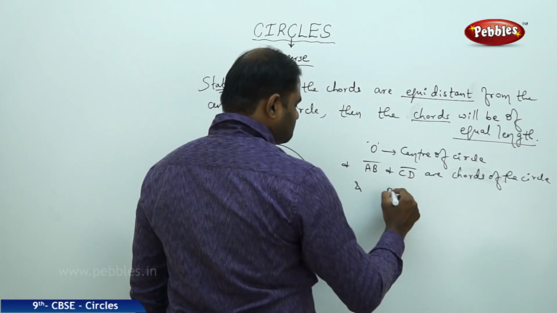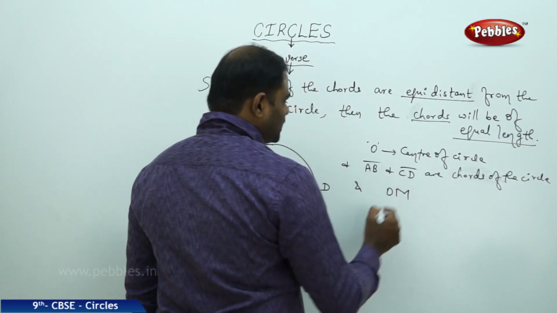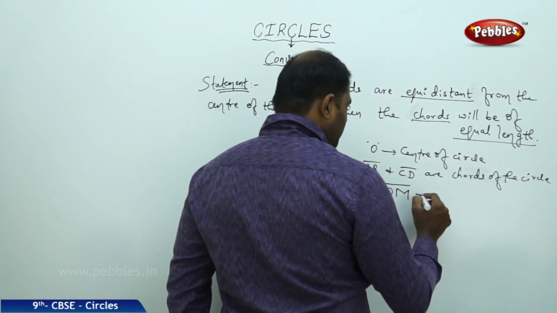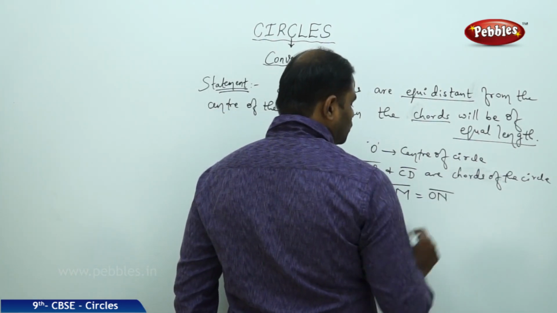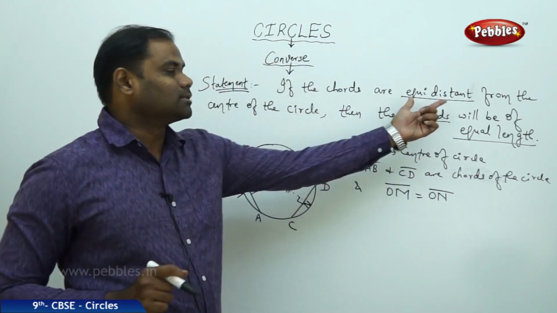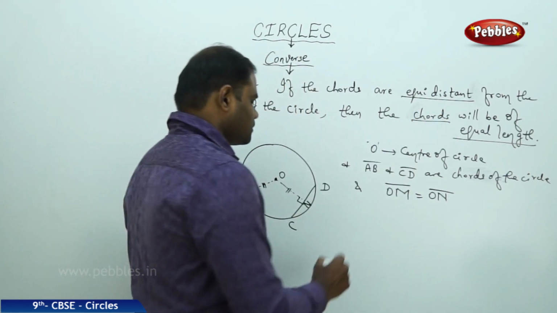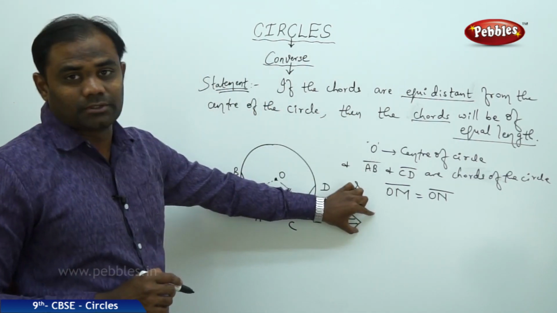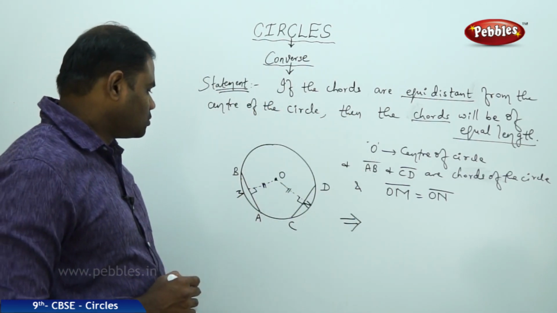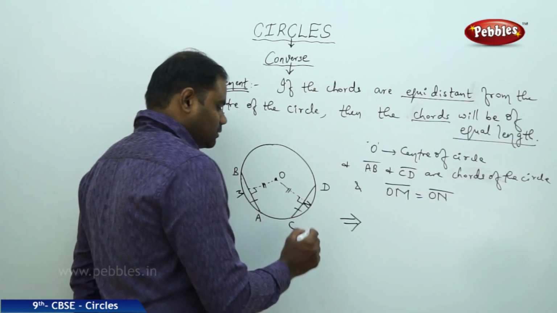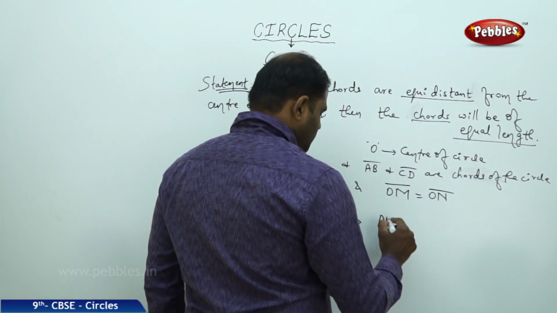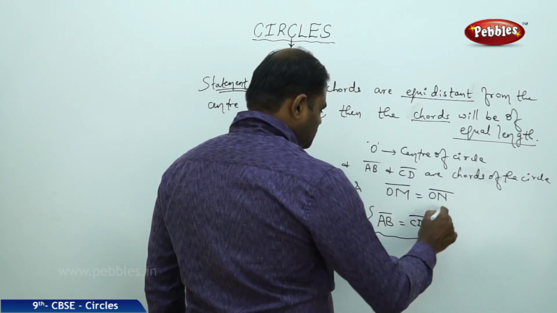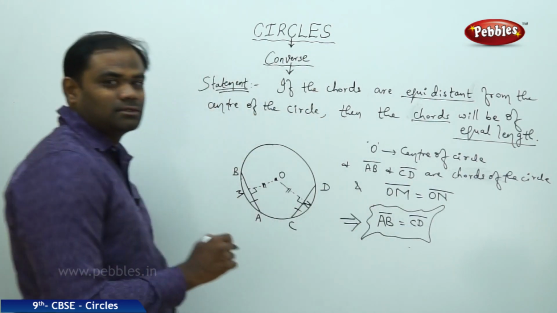And it is given that they are equidistant, so OM equals ON, since they are equidistant from the center. Then the converse says under these three conditions implies the two chords must be of equal length. The length of the chord AB must be equal to the length of the chord CD.